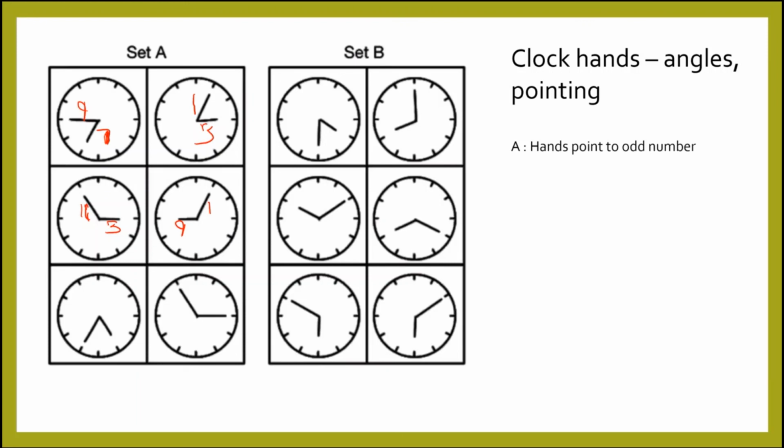If I look at B, I'll be looking for the opposite, and I see that this is pointing to 4, that's pointing to 6, that's pointing to 8, 12, 10, 2. So I have my rule for this as well: all of the B's are pointing to even numbers. So whenever you see clocks, think of where the hands are pointing to, or what the angle between them is.